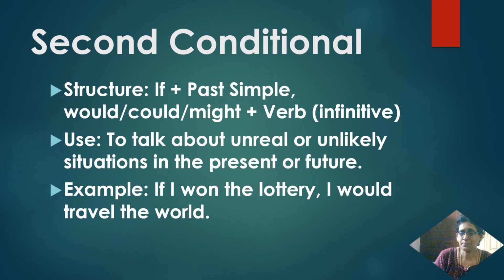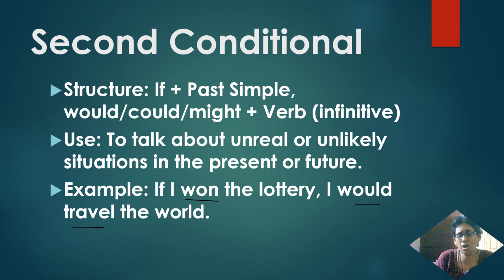Does it meet the structure? Let us see. I have got, if I won the lottery, which is simple past. Then in the main clause I have got would plus the verb infinitive, that is travel. What is an infinitive?